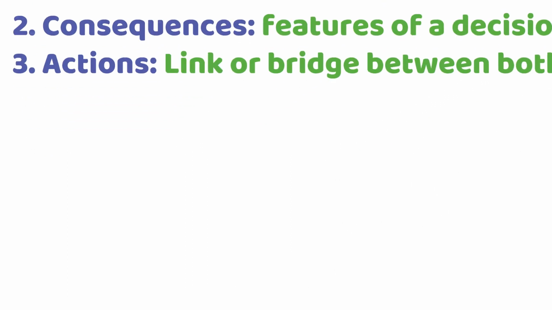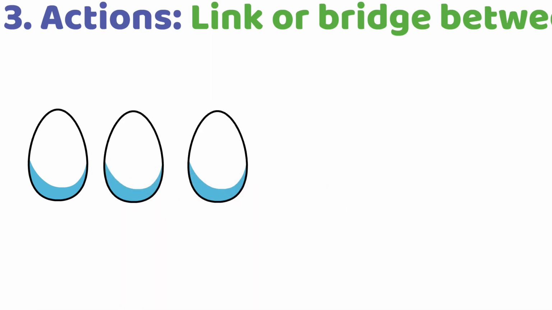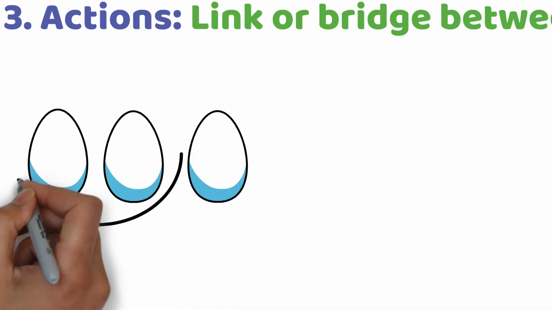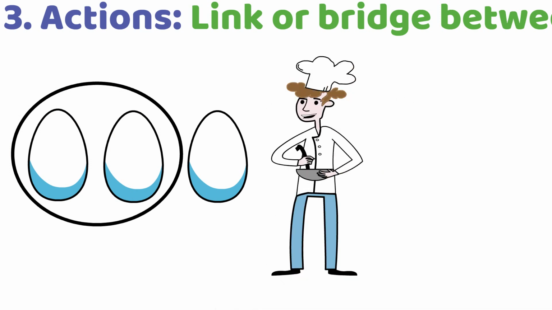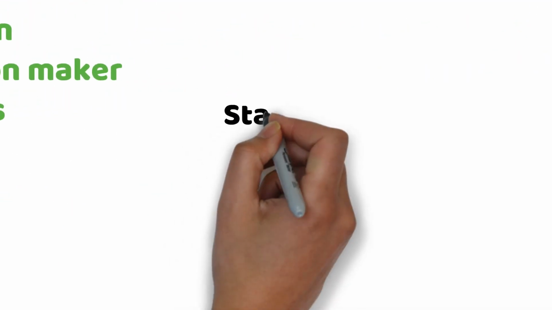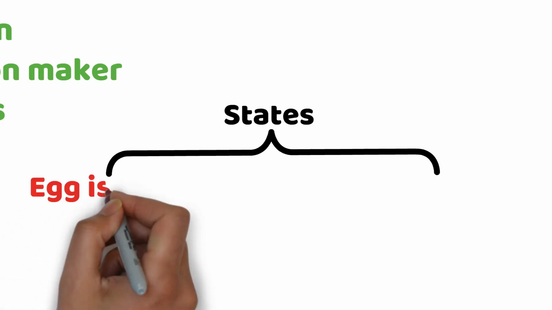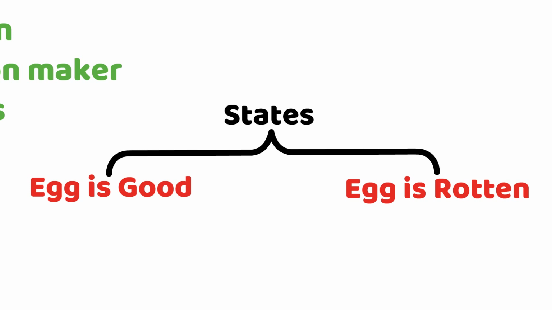For example, a person wants to cook an omelet of 3 eggs. He has already broken 2 good eggs into a bowl. Now for the 3rd egg, he is uncertain whether the 3rd egg is good or rotten. These are 2 states. The egg is good or the egg is rotten. He is thinking about 3 alternative options.